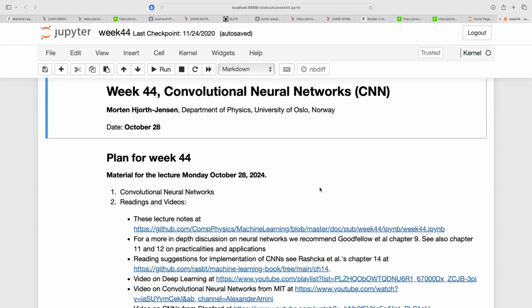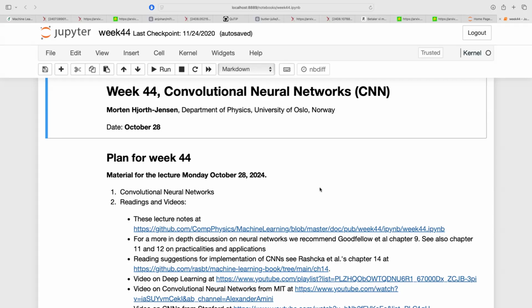The important thing for you is to understand what a convolutional neural network is doing mathematically. This is more the topic of today, together with examples of how you can use TensorFlow to perform image recognition.